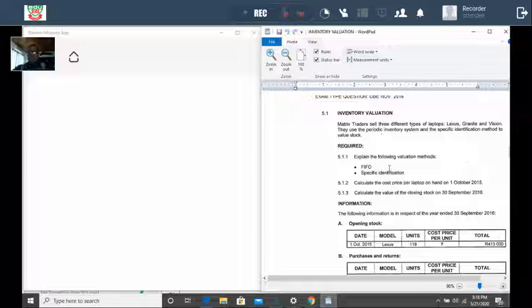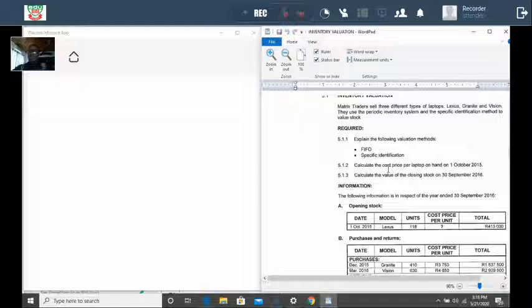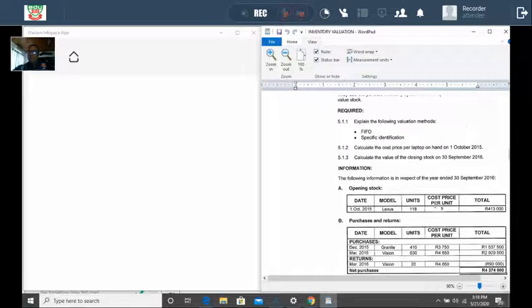Now let's look at this calculation here. They say calculate the cost price per laptop on the 1st of October. Here you look at opening stock, the 1st of October 2015. We have 118 units, and the value is 413,000.